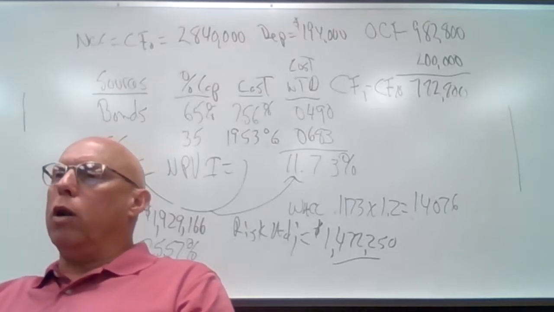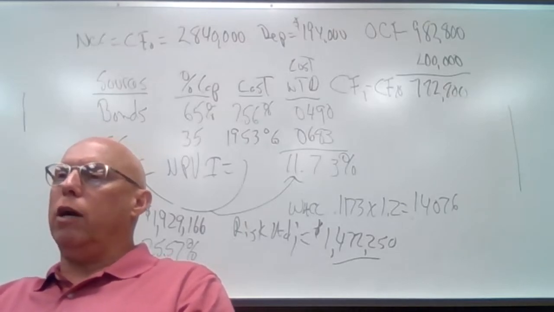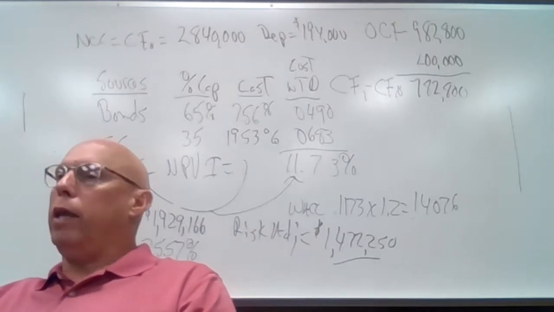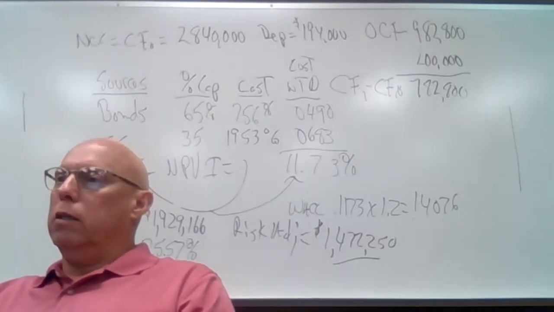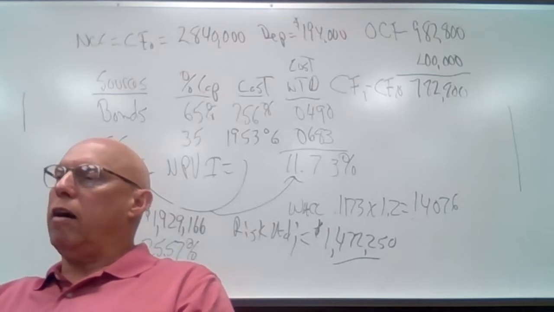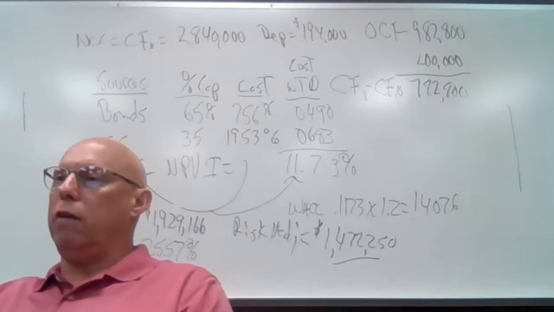You need to know what are the components of a best case scenario and a worst case scenario. A retirement planning problem. Okay, you're going to have to do some retirement planning. How much do you need to retire? How much are you going to have to save every month?